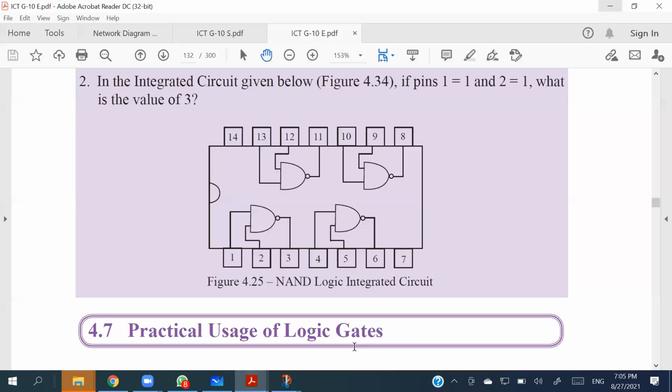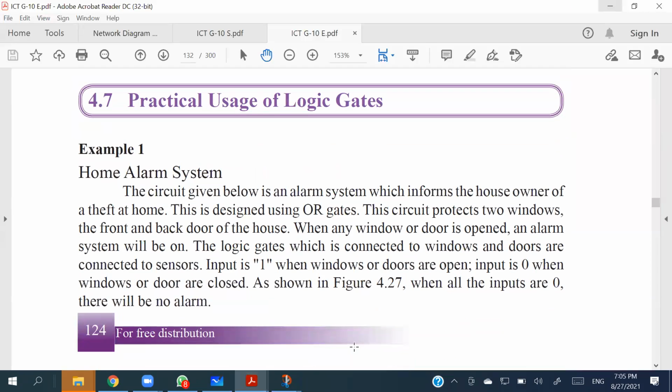Okay, so I'm going to the practical usage of logic gates. Now here, what they are trying to do is introduce you to thinking of creating or planning a particular circuit according to the given scenario, right? Now, this is the given scenario.